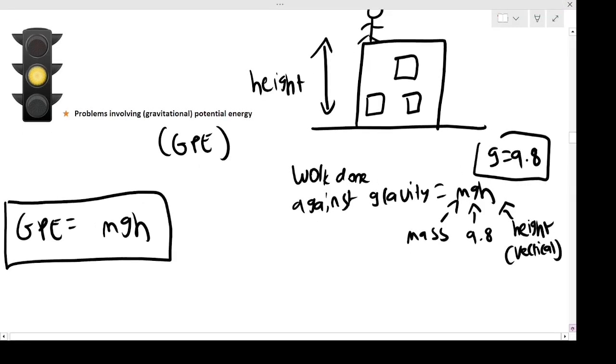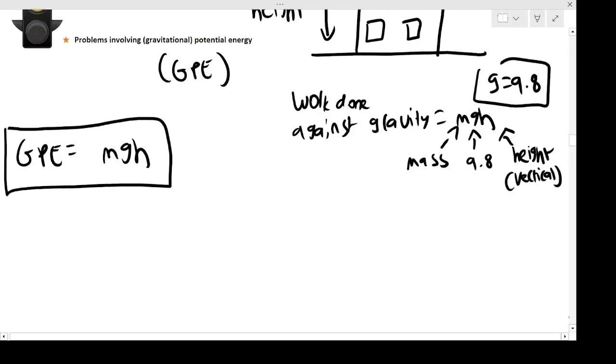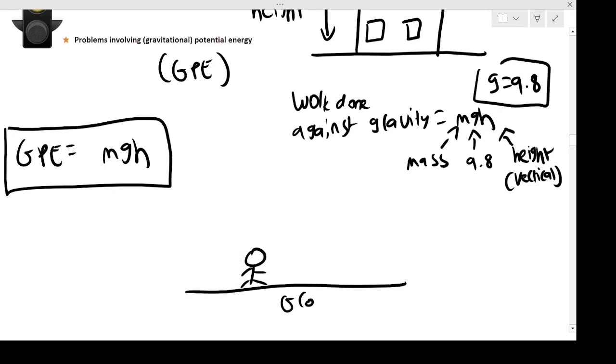So to illustrate once more, if we're on the ground, our GPE will be 0 because there's no height. You're on the ground.